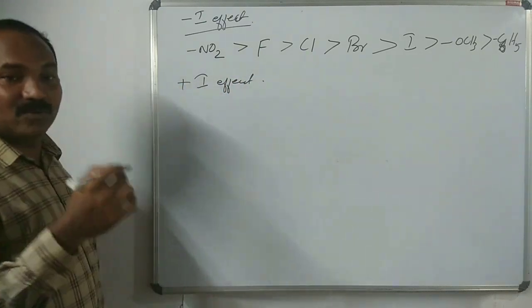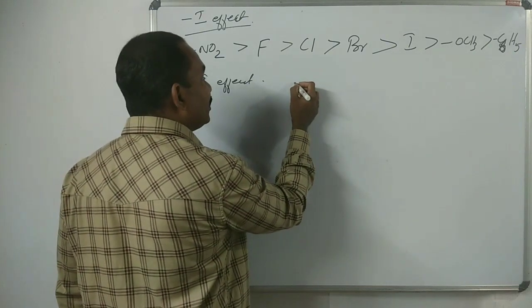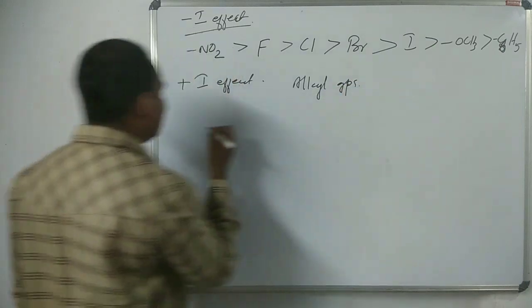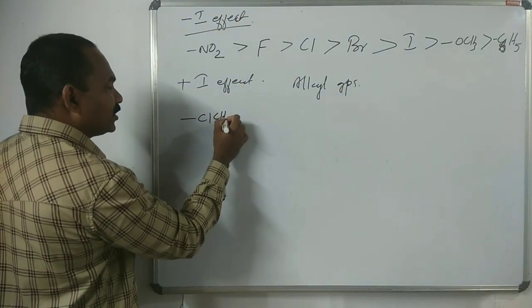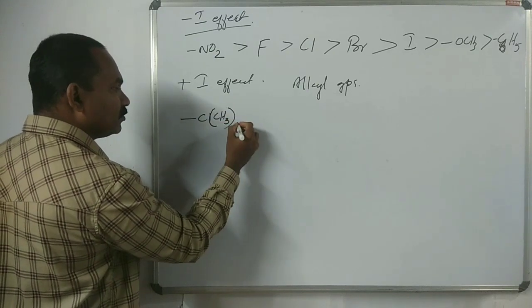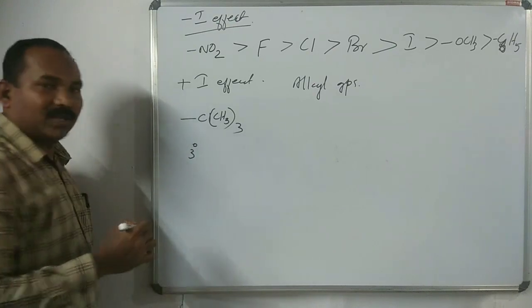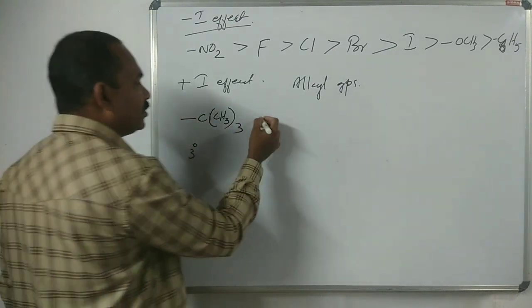And plus I effect groups are generally alkyl groups. Tertiary carbon atom groups, like the tertiary butyl group.